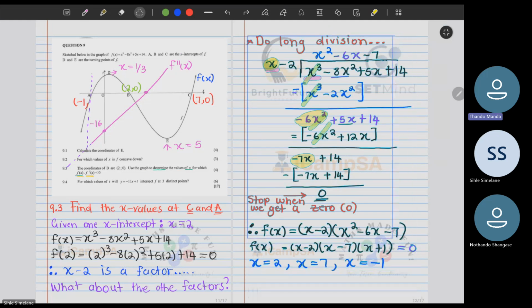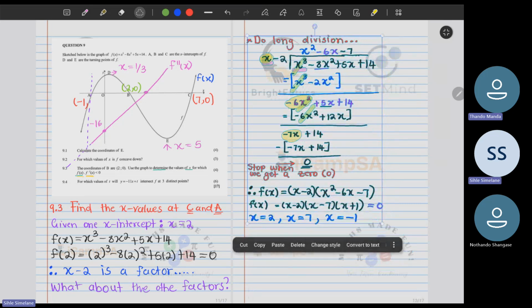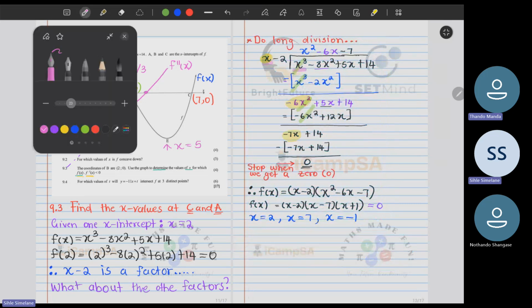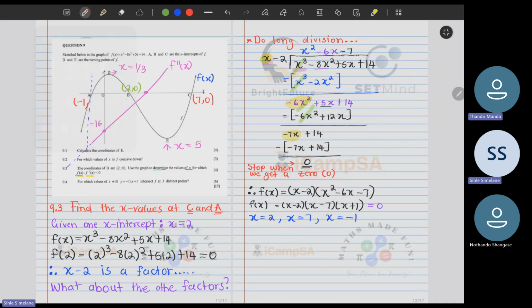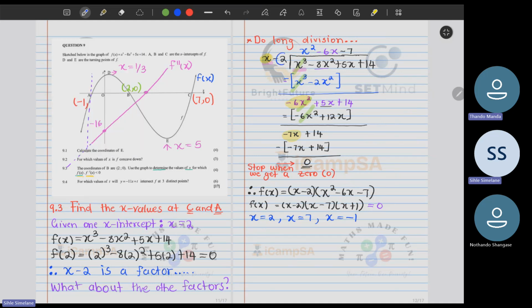Sir, I was asking for the long division part. What if your answer doesn't simplify to 0, like you have a remainder? What do you do? It means that the x value, your factor, this 2, when you plug it in there, the original expression doesn't give you 0.